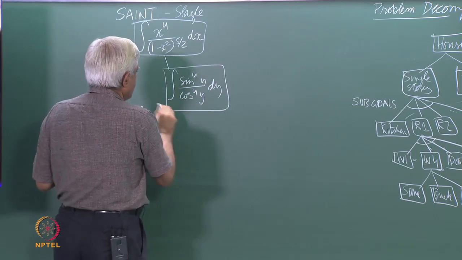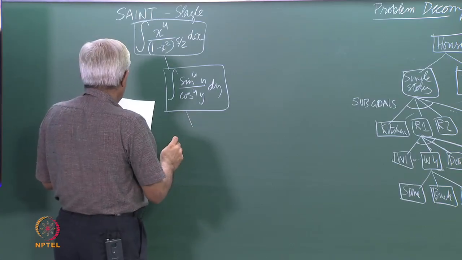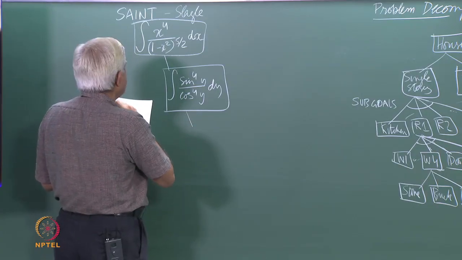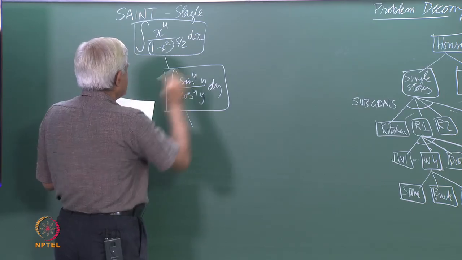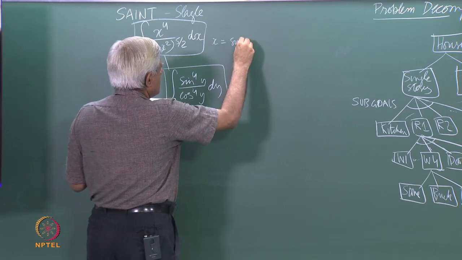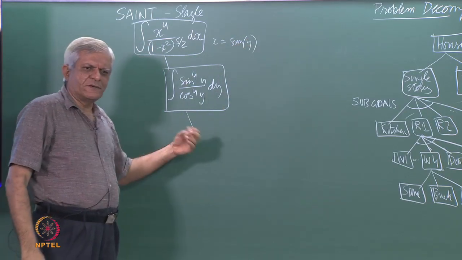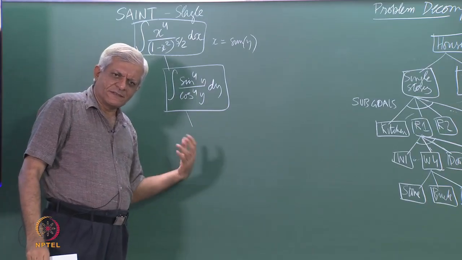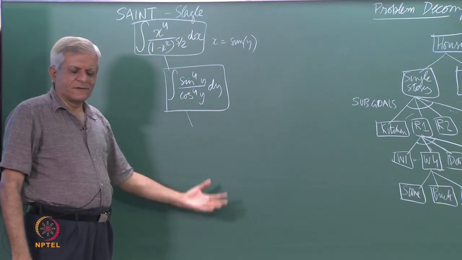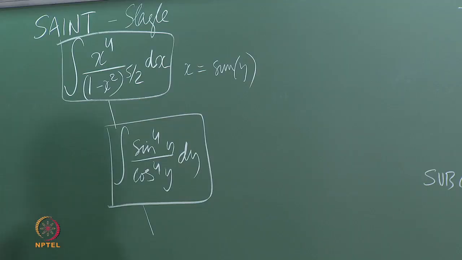So the transformation is x is equal to sin y. Eventually when you break it down into something which is simple, which is accessible to you, you will have to sort of invert these transformations as you construct the solution.